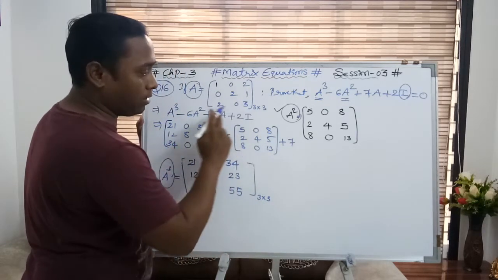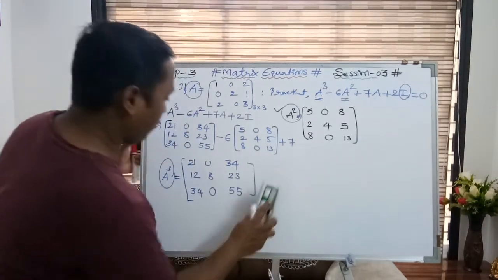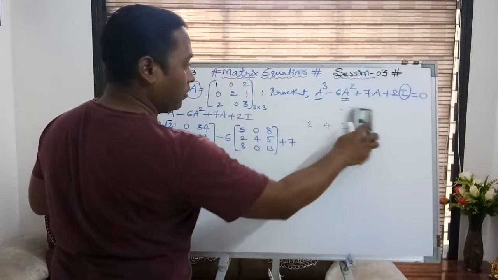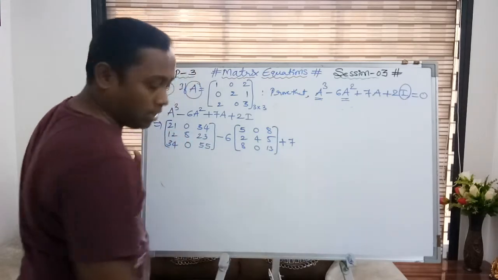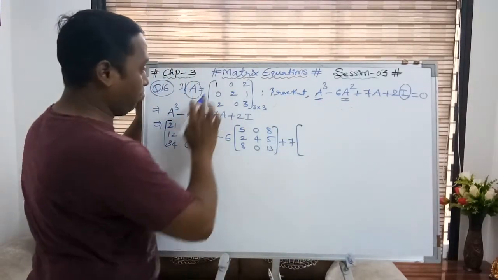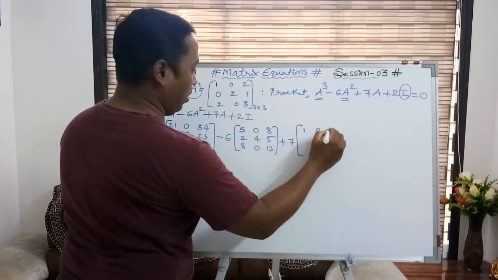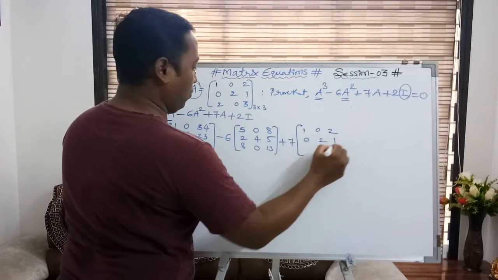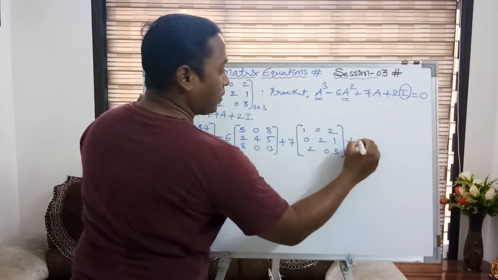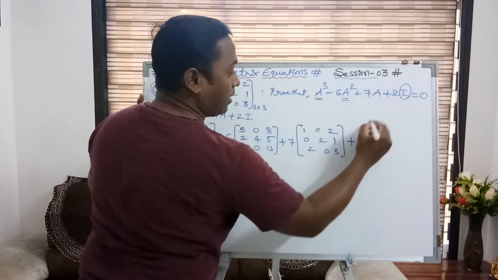What is the A matrix? Given matrix 1 0 2 0 2 1 2 0 3, plus 2 into I. What is I?